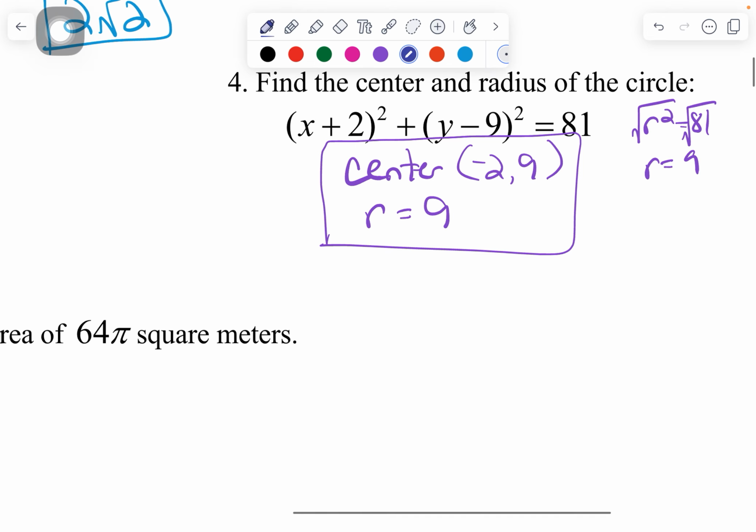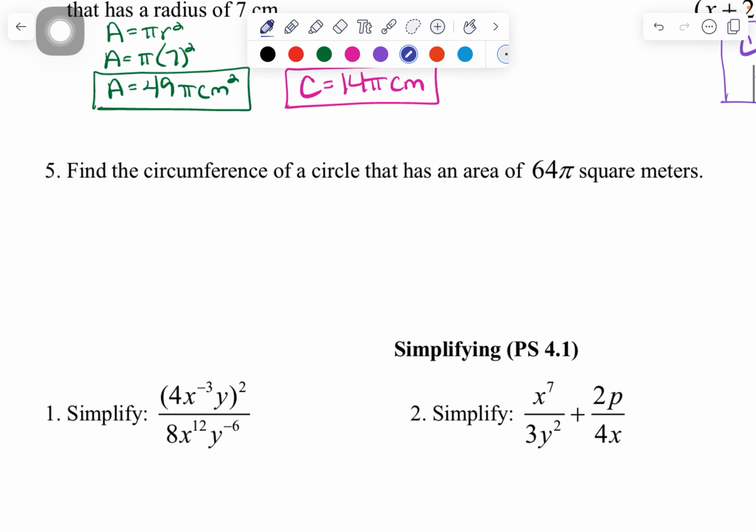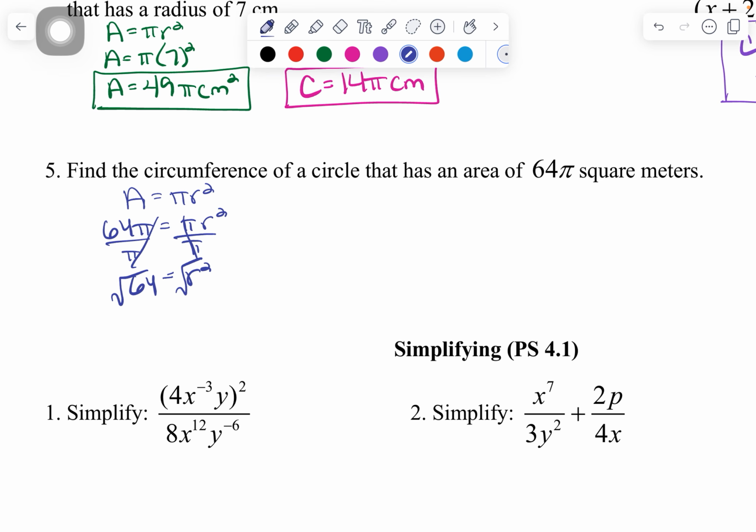And last but not least for this section, question number 5 says, find the circumference of a circle that has an area of 64 pi square meters. All right, let's start with what I gave you. So area equals pi r squared. So that's going to be 64 pi equals pi times r squared, divided by pi. So that's all gone. R squared is equal to 64. Let's go ahead and take the square root of both sides.